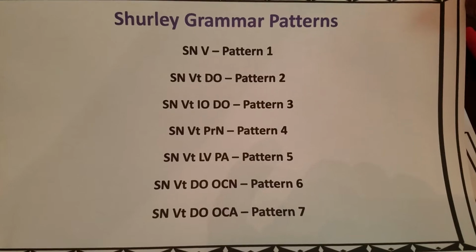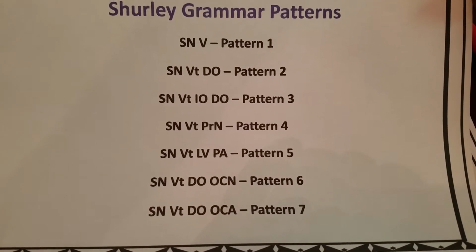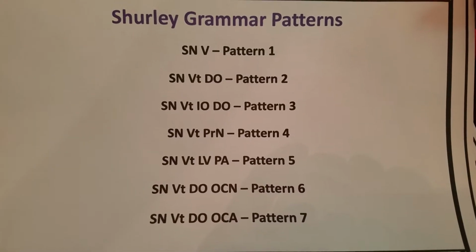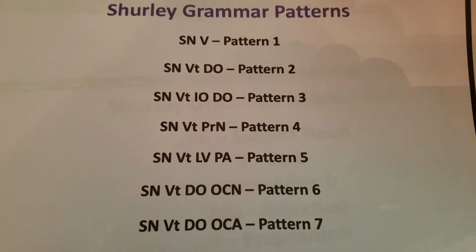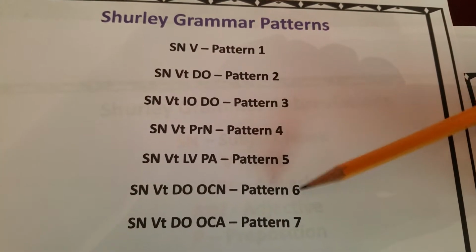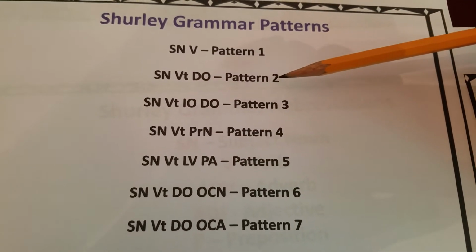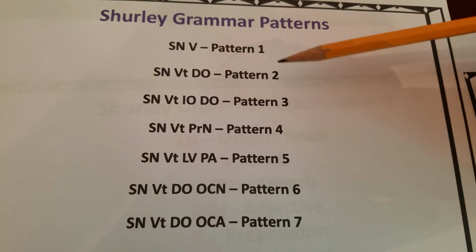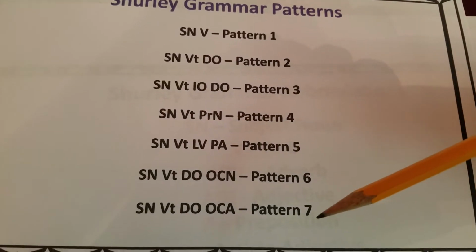You will see the program goes from 1st grade to 7th grade, level 1 to level 7. So you will normally do 1 pattern for each grade. I think when you hit 5th and 6th, it kind of combines a little bit with patterns 5 and 6. But if you're in 1st grade, you'll do pattern 1, and in 2nd grade, 1 and 2, and it's a review. 3rd grade, 1, 2, 3, and so on until you get to the end.